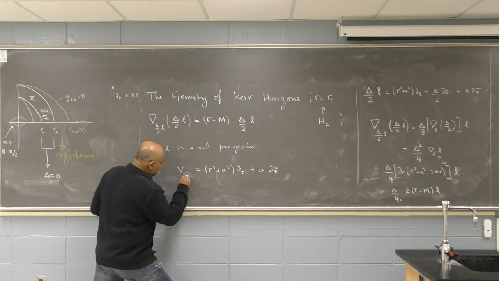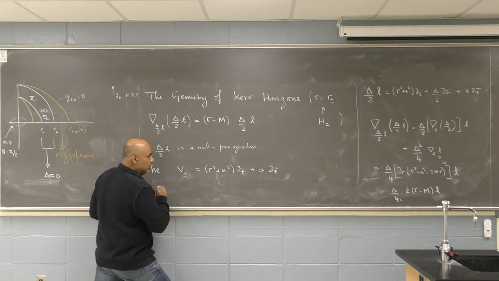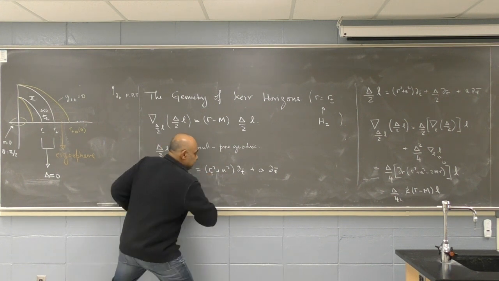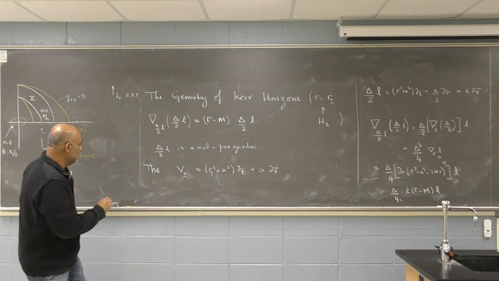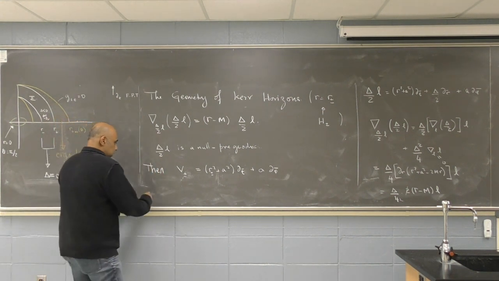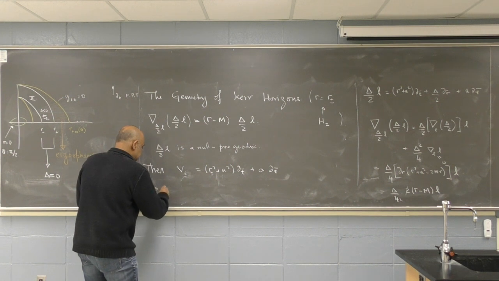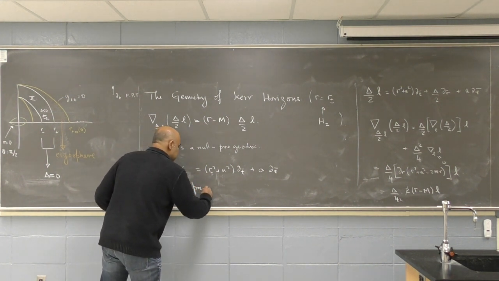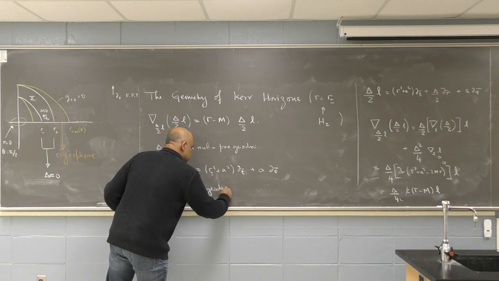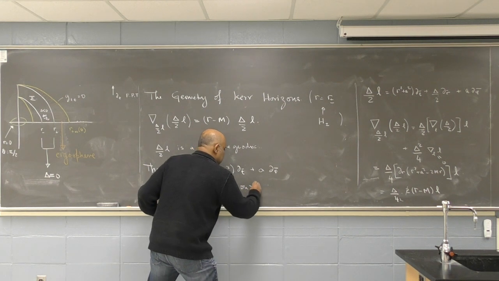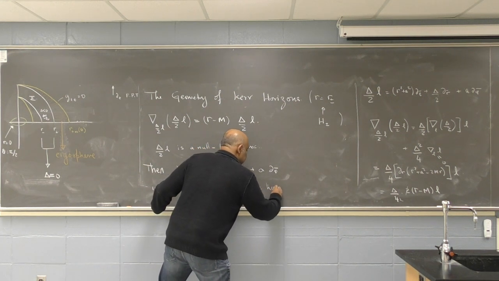Now, by plus and minus, I mean on the outer horizon and the inner horizon, which means r has to be evaluated there. Then this is a null pre-geodesic on the horizon.